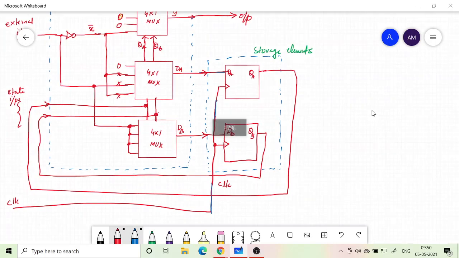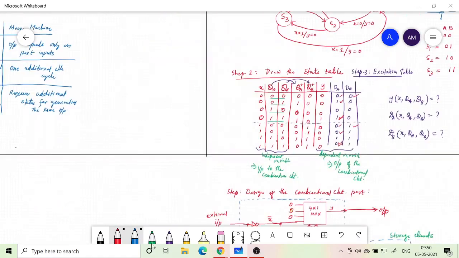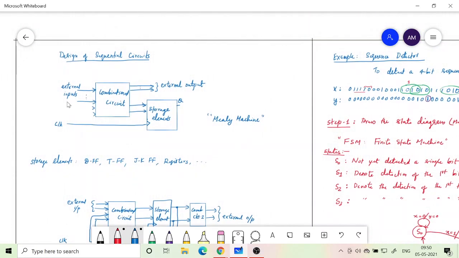You can compare this with our initial diagram which we drew for the Mealy machine, which is this. External input is coming to the combinational circuit and it gives you the external output. In our case it is Y, with only one external input X, and then the storage element output goes here.